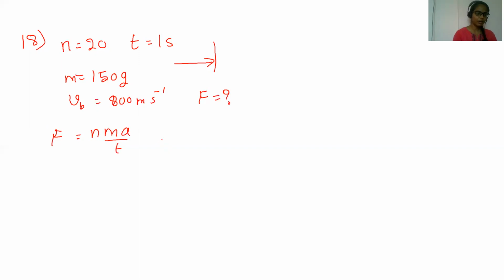Okay, NMA by T. Since the initial velocity is 0 and time is 1 second, acceleration is V minus U by T, where U is 0. So V minus U is V, time is 1, so you will get almost V only. Understood, children?